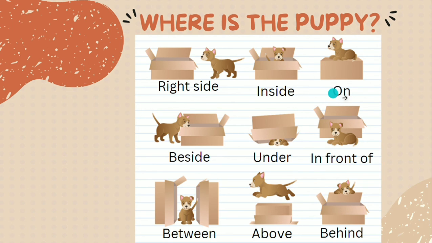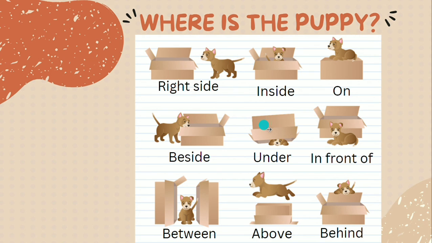Okay, and then for the fourth picture, this one, the puppy is beside the box because there's no spaces between the puppy and the boxes. And for the next one, the puppy is under the box because as you can see, the puppy is under the box because there's no surface right there.